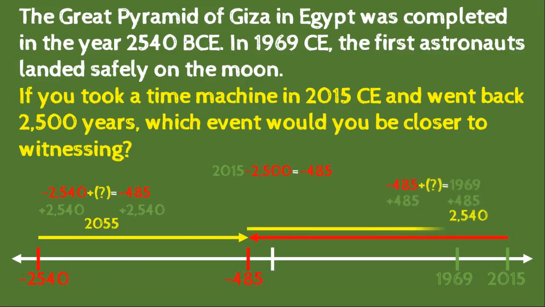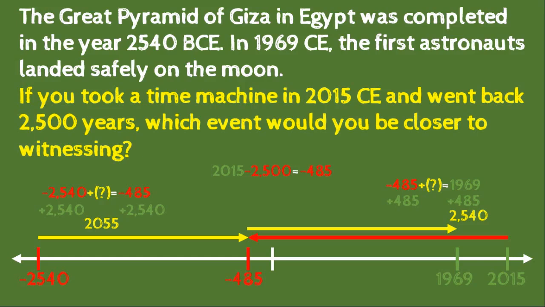On the first line, we have to go from negative 2,540 to the year negative 485, and from the year negative 485 to 1969. So the way you figure out the first one, the Great Pyramid of Giza, is negative 2,540 plus a mystery number equals negative 485.